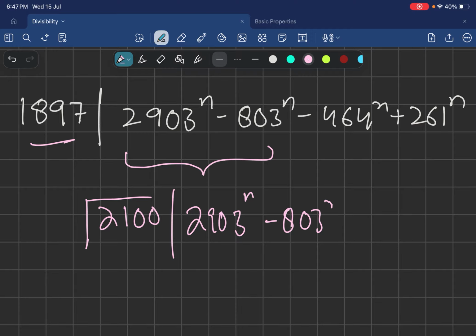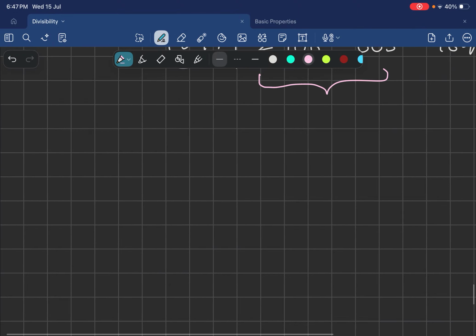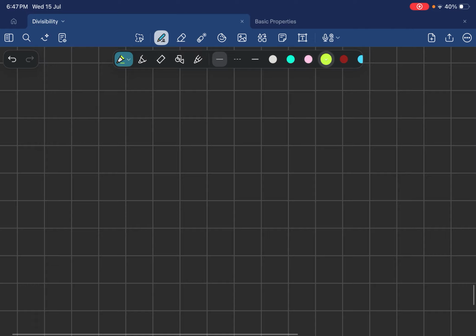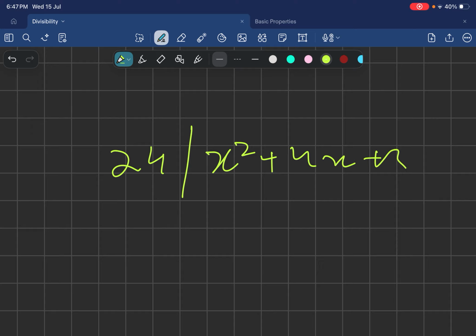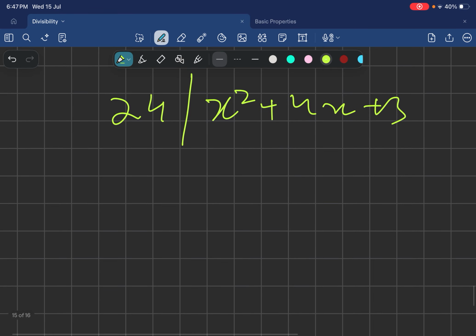Before looking at this, I told you that if you want to prove something like whether 24 divides x squared plus 4x plus 3, the very first thing, whenever you are asked if some number divides some expression, is to do its prime factorization.